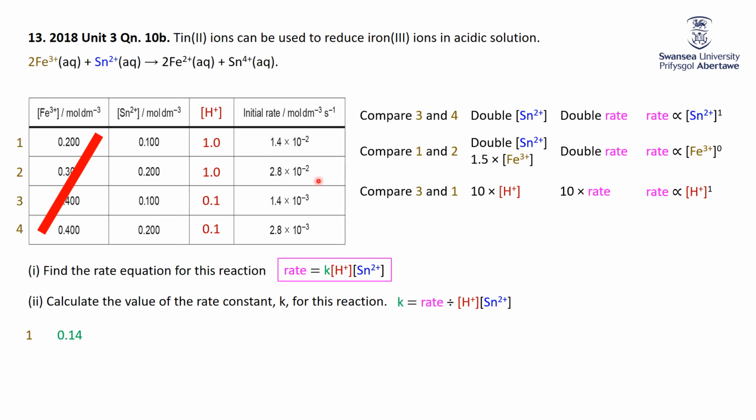Equation 2, 2.8 times 10 to the minus 2 divided by 1 divided by 0.2 is 0.14. Equation 3, 1.4 times 10 to the minus 3 divided by 0.1 divided by 0.1 is 0.14. And equation 4, also 0.14. Put all those together and the average is 0.14. Again, it is a second order reaction, so the unit of the rate constant is cubic decimeters per mole per second.